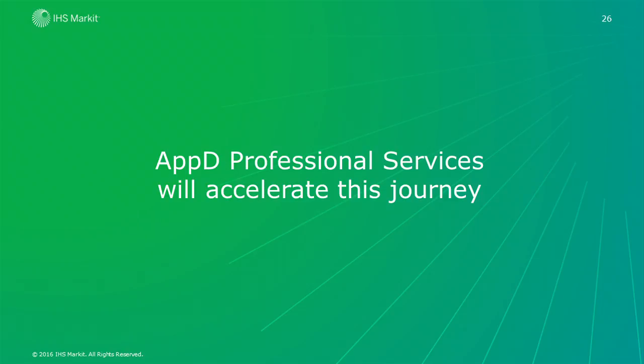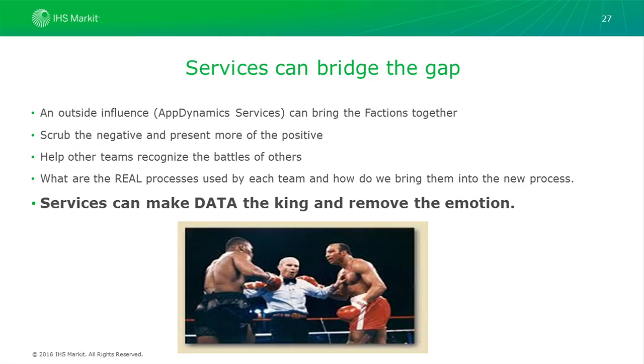The business transactions and things like that, we might not necessarily understand. The key thing about AppD Professional Services is they bridge that gap in between. We found out with a couple different teams that we merged with to implement AppDynamics into.